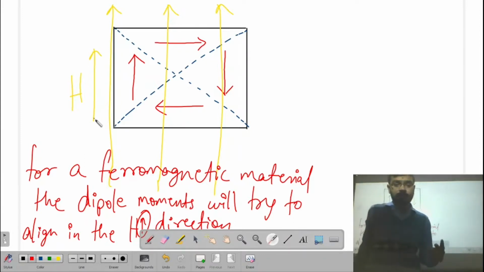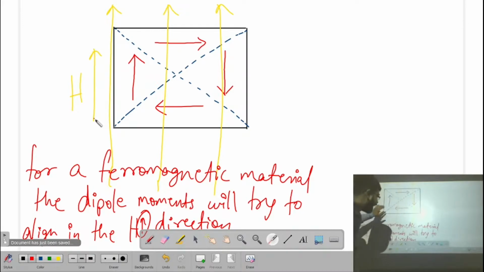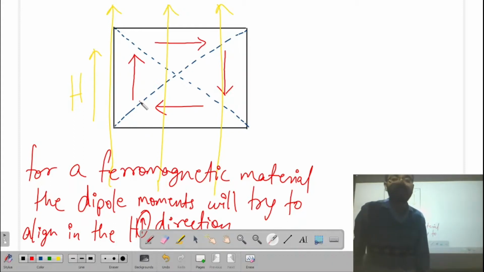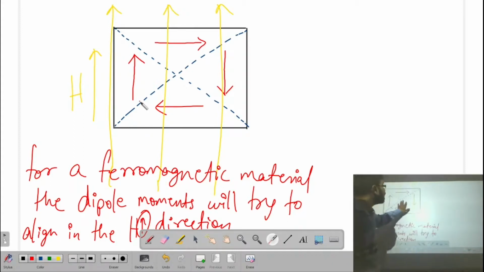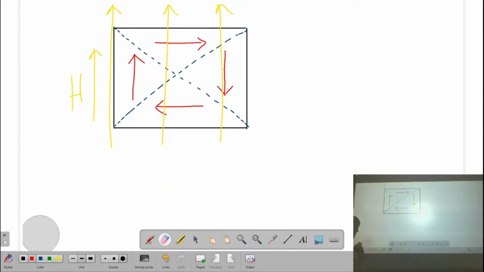Now there will be two cases: if the magnetic field is strong and if the magnetic field is weak. Now we want to see how all four magnetic dipole moments will try to orient themselves in the presence of an external magnetic field.